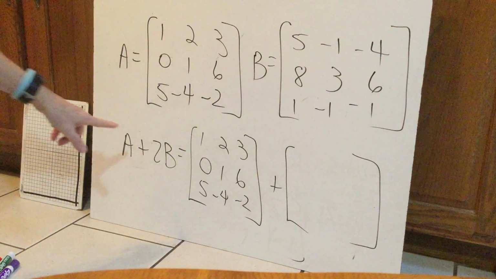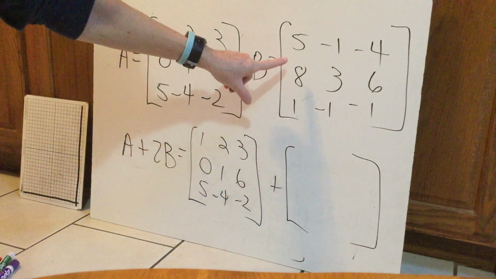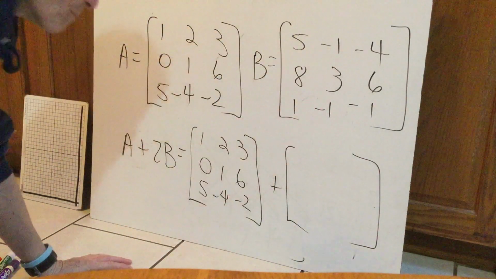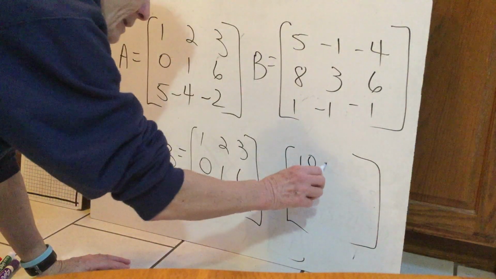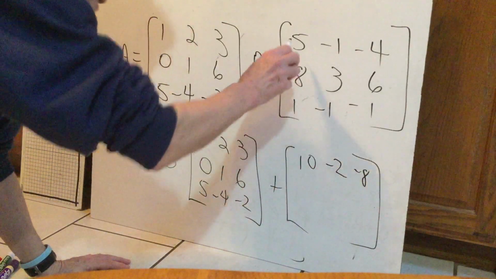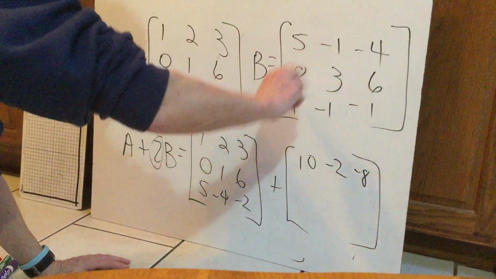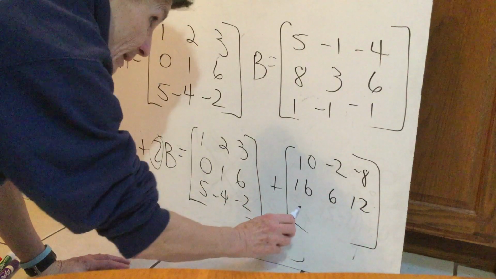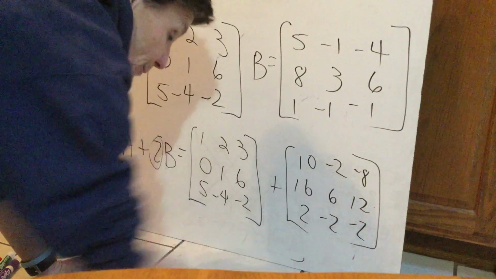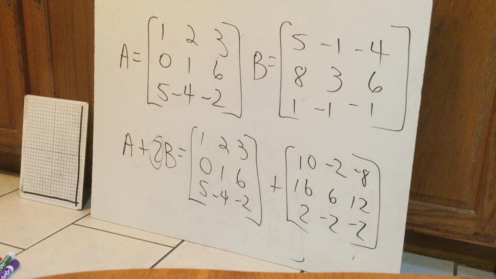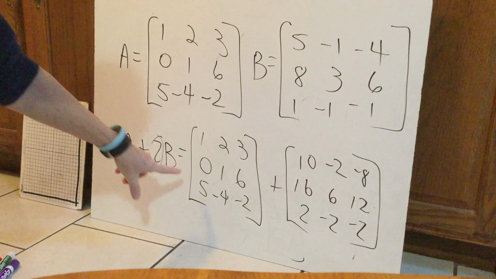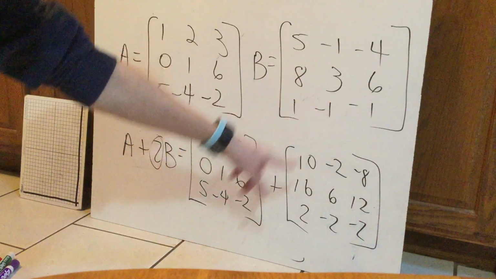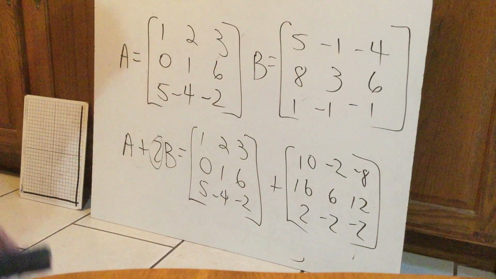Now, remember, 2B means we just distribute a 2 times everything in B. So that would be 10, -2, -8. I'm just taking 2 times all these numbers. So 16, 6, 12, and 2, -2, -2. So here's matrix A. And now I've taken 2 times everything in B.